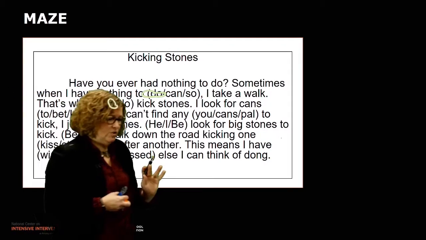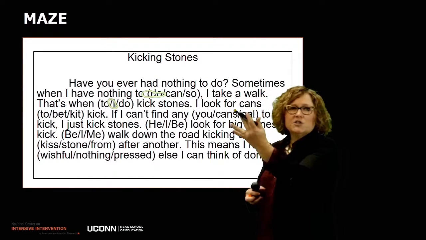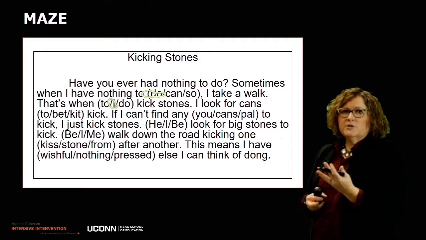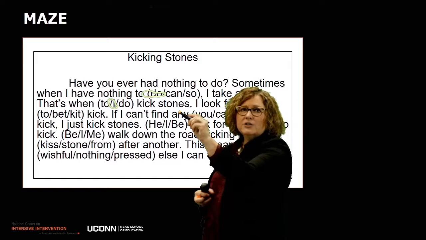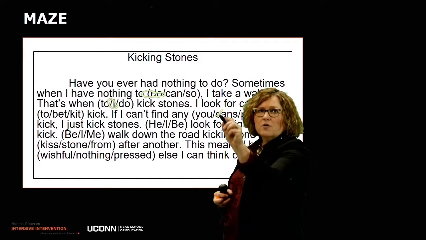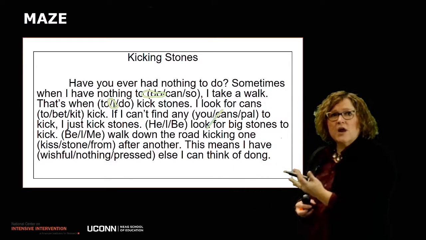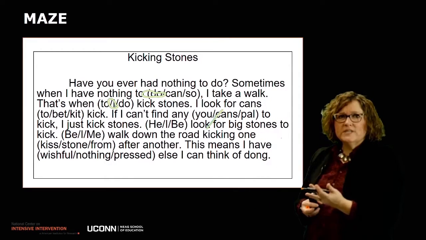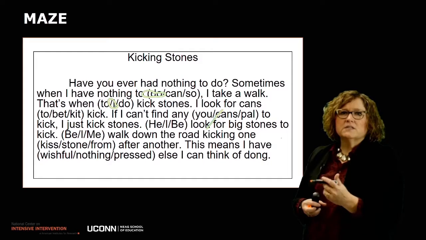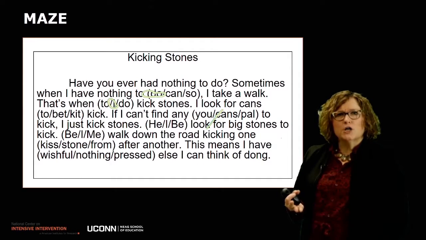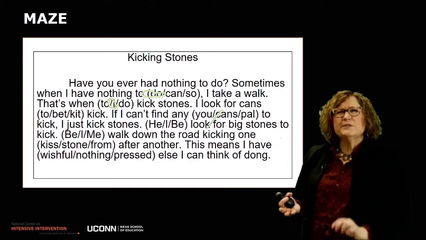Later on, when the teacher goes back and scores these after the students finish, the teacher simply goes back, puts a slash through any words that are incorrect. So maybe this one was not correct. And then the number that's graphed is the number of correct choices that the student made in the time that was given. Sometimes maze is given for a little bit longer time, up to 3 minutes.